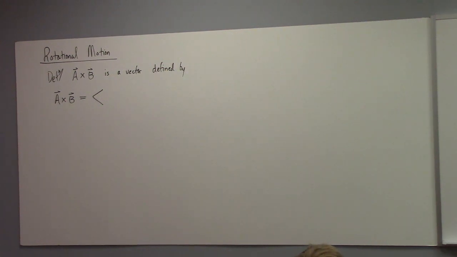In the first slot, you're going to do A2 times B3 minus A3 times B2. And then you're going to have a comma. And then you're going to write A1 B3 minus A3 B1. Then you're going to have another comma. And then you're going to write A1 B2 minus A2 B1. And that serves as a definition.